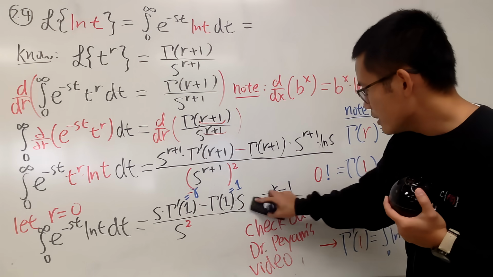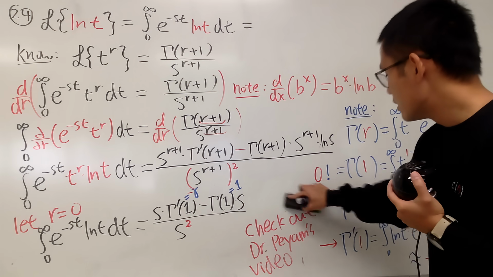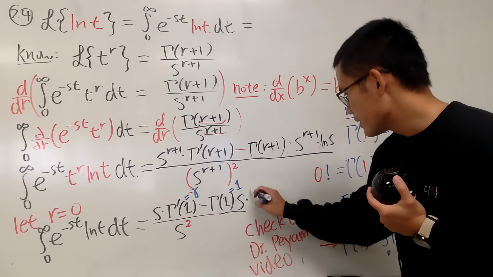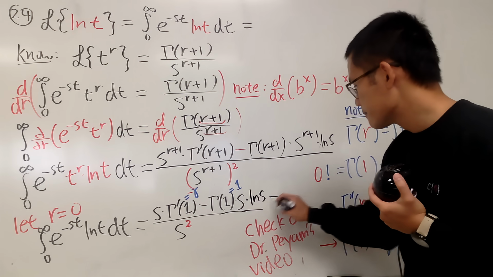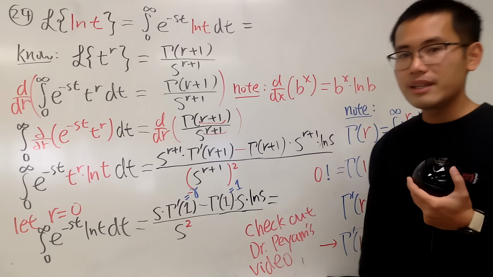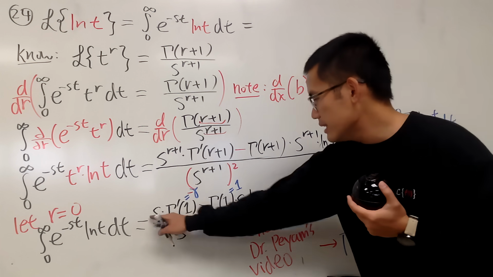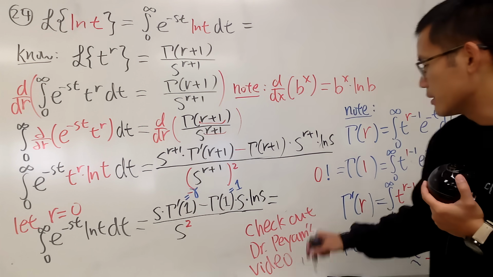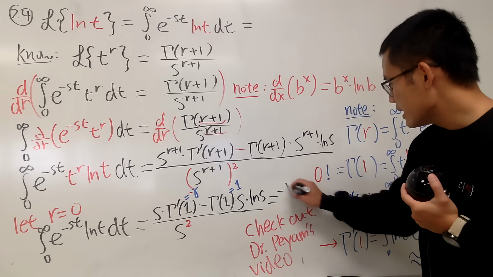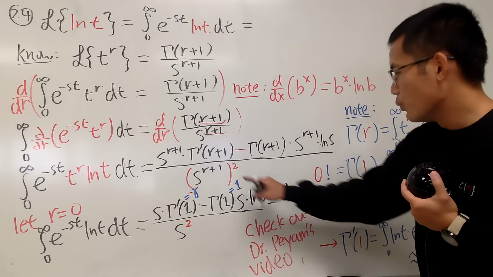So in fact, I'm sorry, this right here, we should have another ln s after that. So I'm missing that ln s. But anyway, the rest is okay right here. And again, this s, that s, and that s squared can reduce. You finally get negative gamma minus 1 ln s.